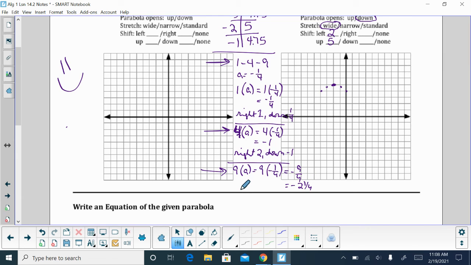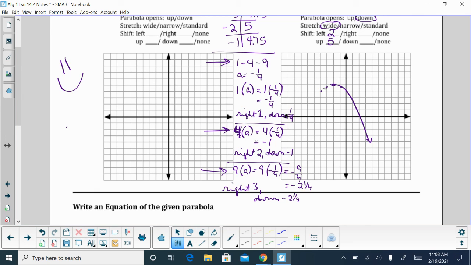So what that's trying to tell me is I will go right 3 from my vertex and down 2 and 1/4. So making that happen, right 1, 2, 3, down 2 and 1/4, something like this.